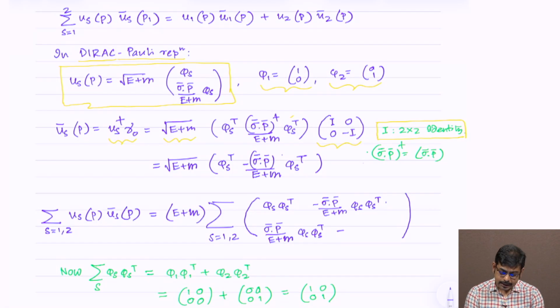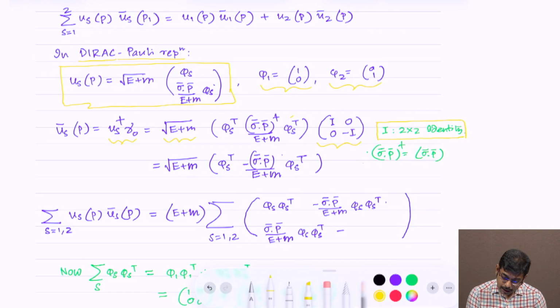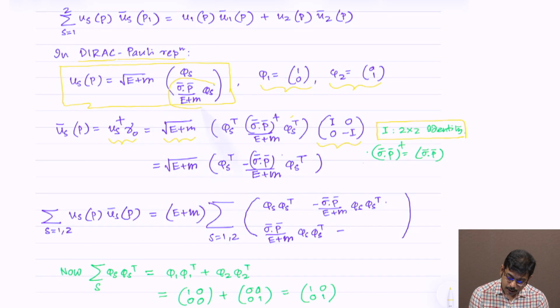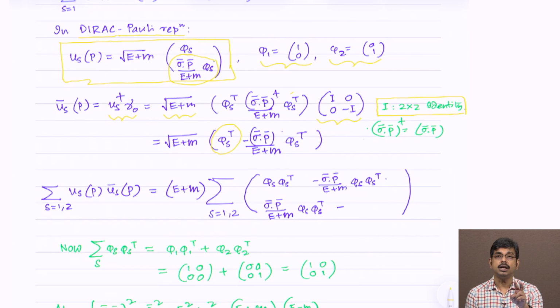Similarly, now you take the second component of U_s(P), which is sigma dot P by E plus M into phi_s, and multiply this with the first component of U_s bar(P), and that is going to give you the 2 component of this one.